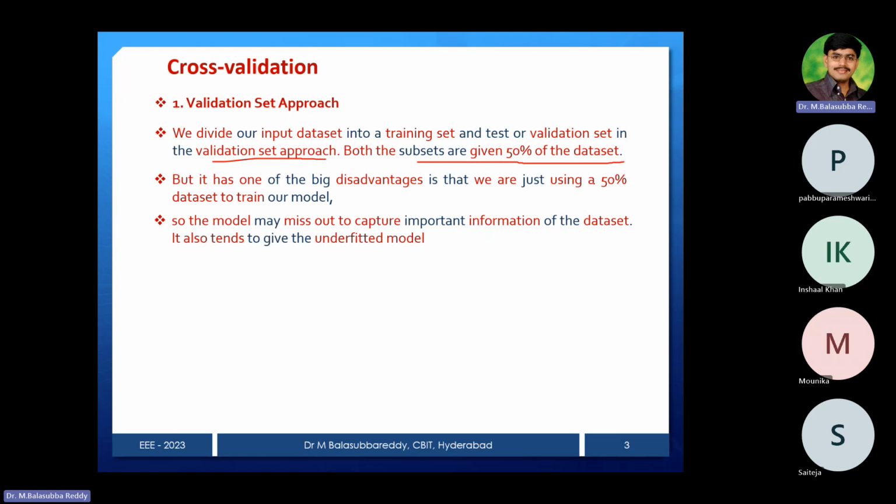That is the problem while it is predicting. If you only use 50%, the other 50% may have some more important information and combinations.